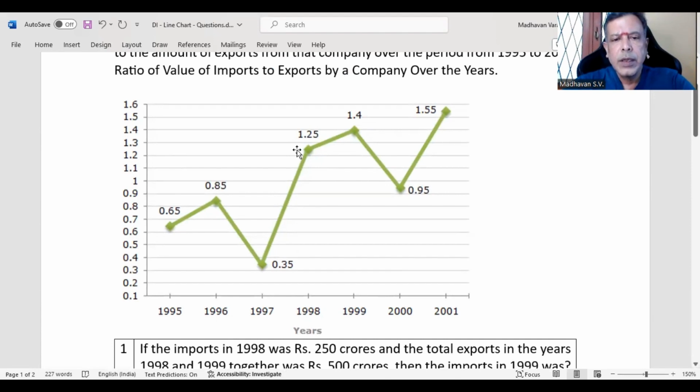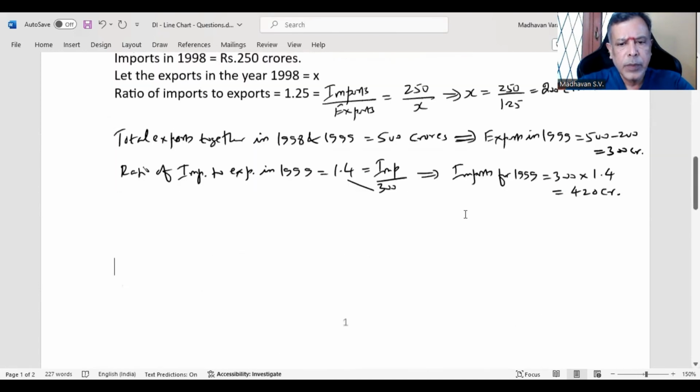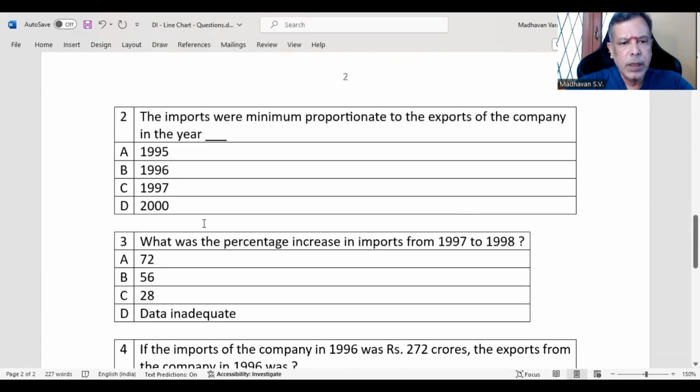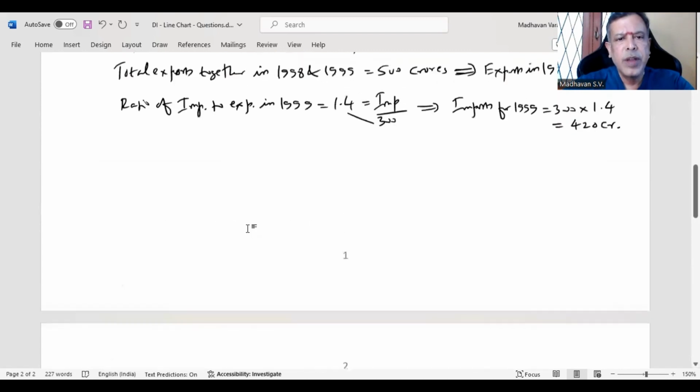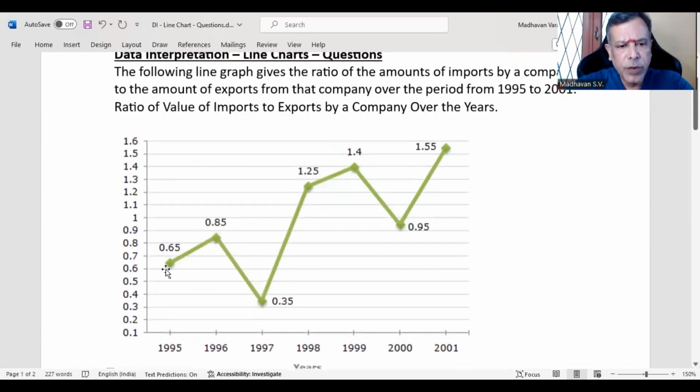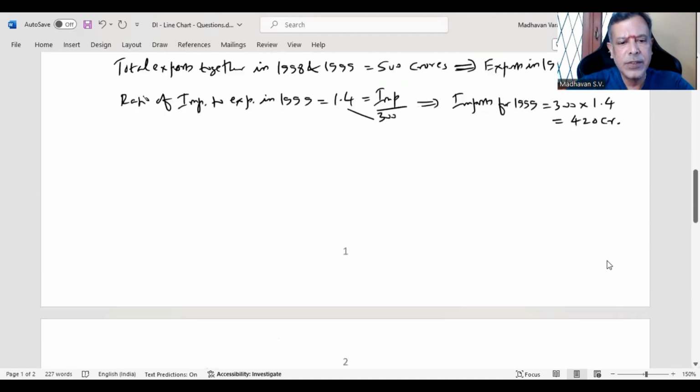Wherever the ratio is more than 1, that is 1.25, 1.4, 1.55, the imports were more. So we need to focus on where it is lesser: 0.65, 0.85, 0.35. That means 0.35 is the least ratio, which means in that year the imports are the least.